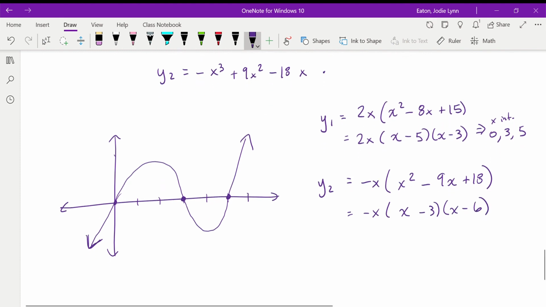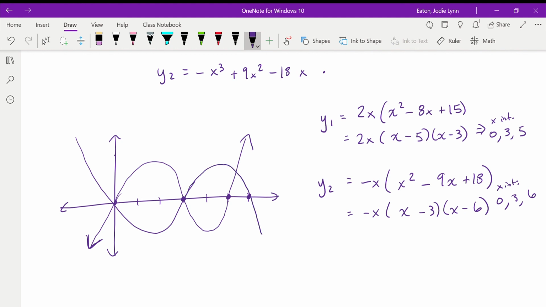So that means our x-intercepts are at 0, 3, and 6. So I have 0, 3, and then I have 6 again. This time we have a downward cubic, so it's going to look like this, and go down like that.